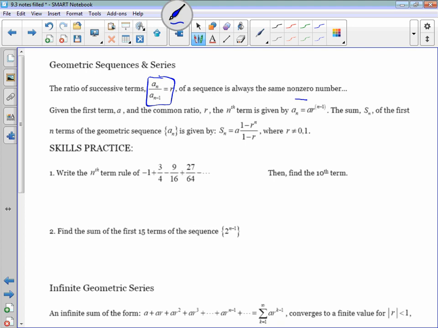Here is your formula for the nth term. It is the first term multiplied by the ratio to the n minus 1. And then the sum of your terms, S sub n, that's given by first term times 1 minus ratio to the n over 1 minus your ratio.